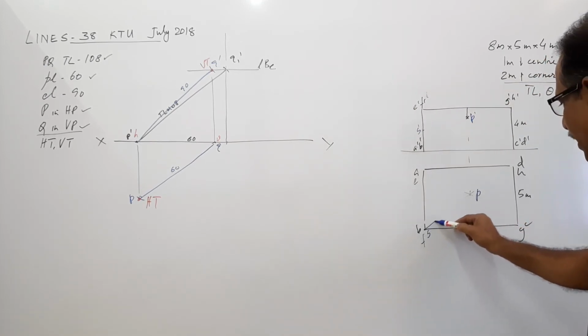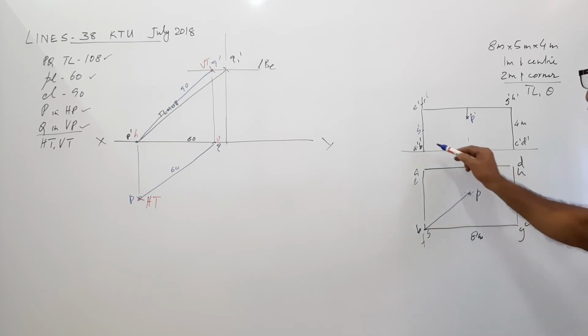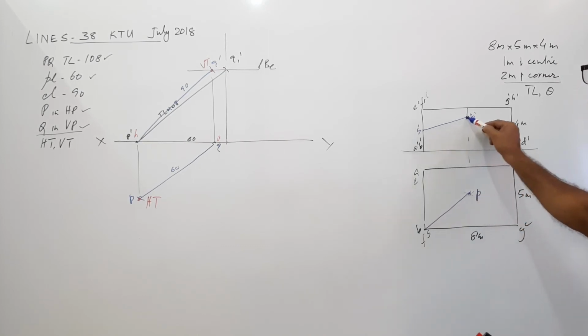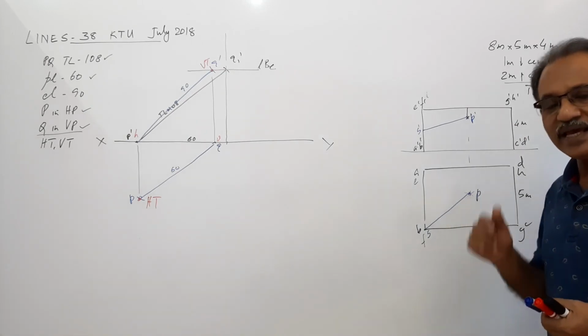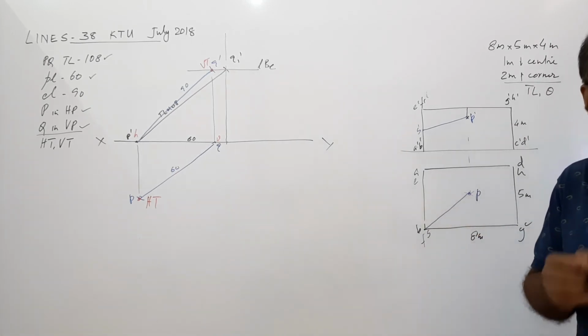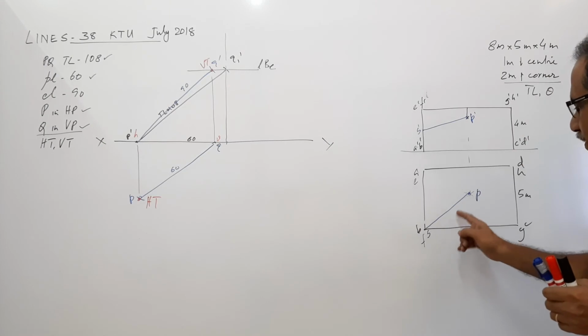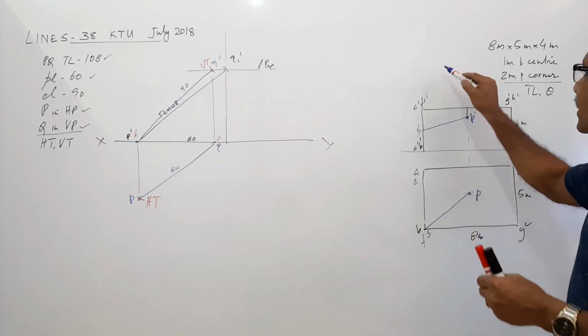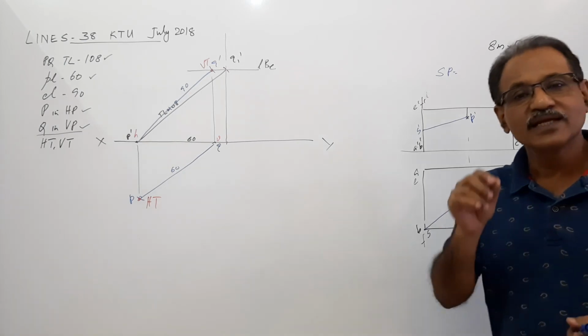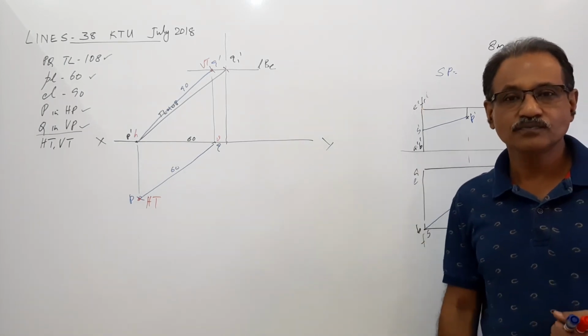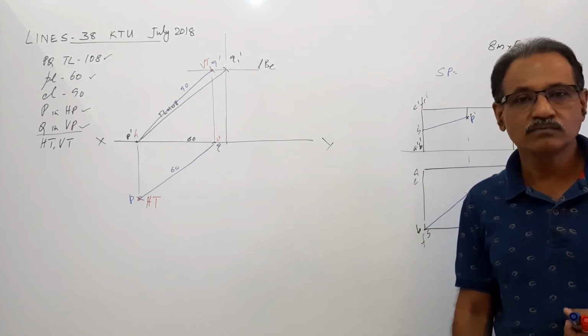PS or SP, and S dash P dash represents what? Capital SP is the distance between the bulb and the switch. Agreed?